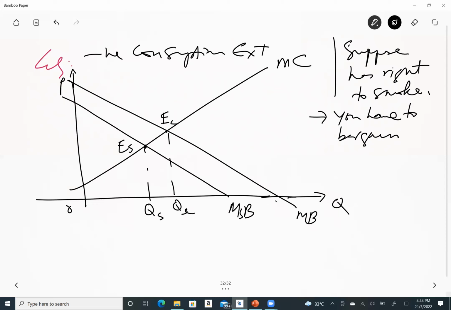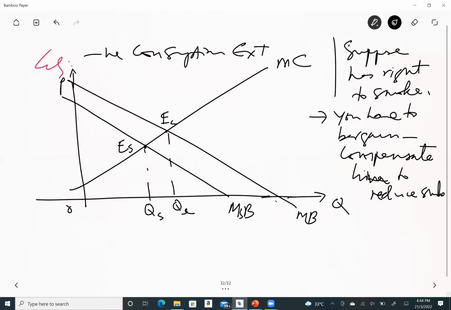The bargaining here is by something tangible. That means when you bargain here, you are going to do some compensation. You're going to compensate him for not smoking, to reduce smoke.